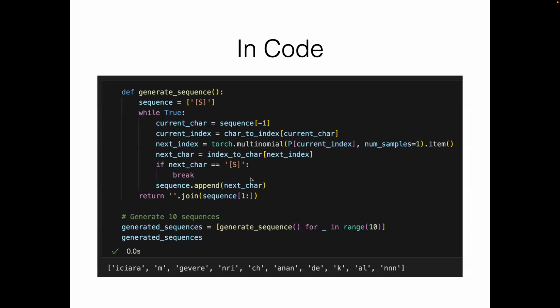Let me show you what I mean by that. Here's the code notebook where you implement this generation. We can start off with the start-of-sequence token. Then you go into this loop. It's a bigram model, so you take the previous character, get its index in the vocabulary, and consider the next token probabilities for that index.